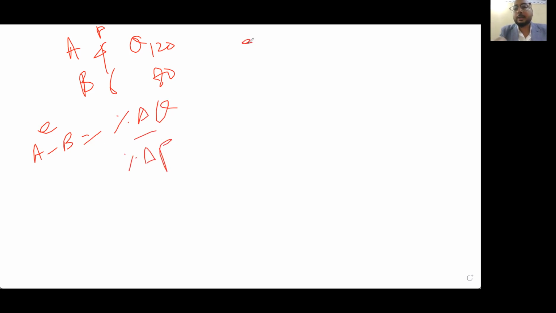So let's talk about the percentage change in price. Midpoint formula. What is that? New value from A to B. So A is old now, B is new. So here we go.